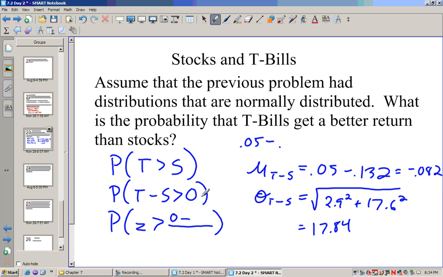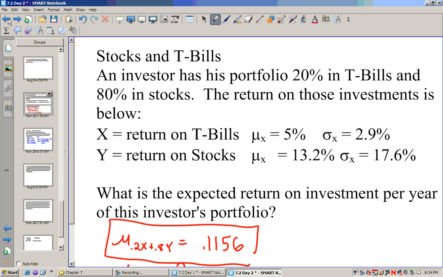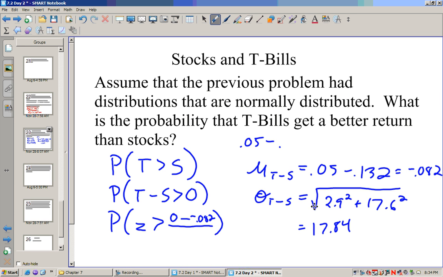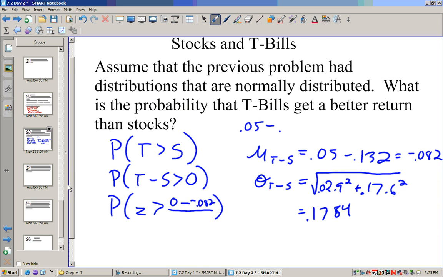All right, so now I have my mean and standard deviation, so it's 0 minus a negative 0.082 divided by, oh, now these are in percentages, and I didn't have it in percentages. So what I should have done is 0.029 and 0.176. That's just going to move the decimals, to be 0.1784. All right. Now that makes more sense to me.